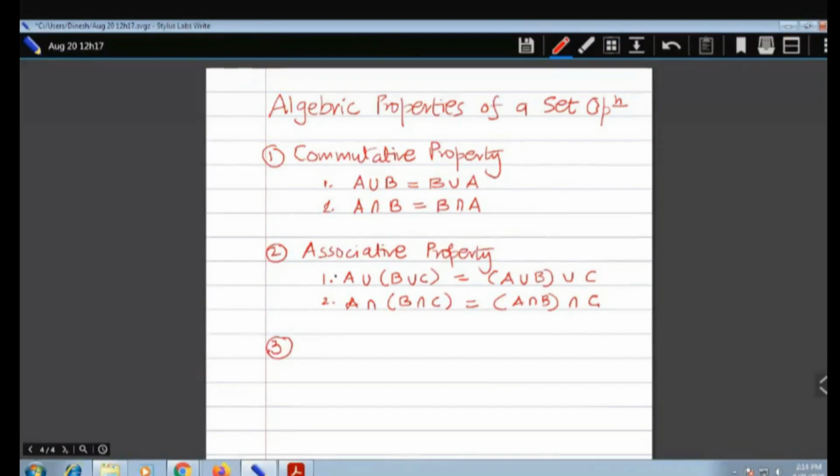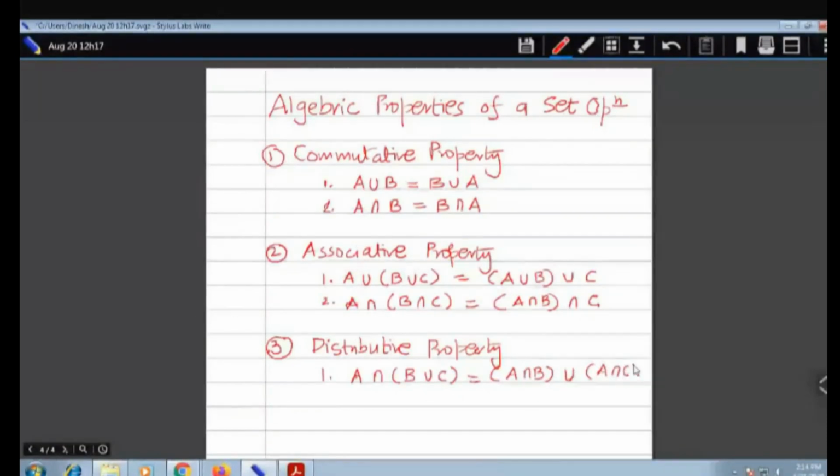Now the third property is the distributive property. What is the distributive property? You may have studied it in your schools. Let us write the first one: A intersection (B union C) is the same as (A intersection B) union (A intersection C).